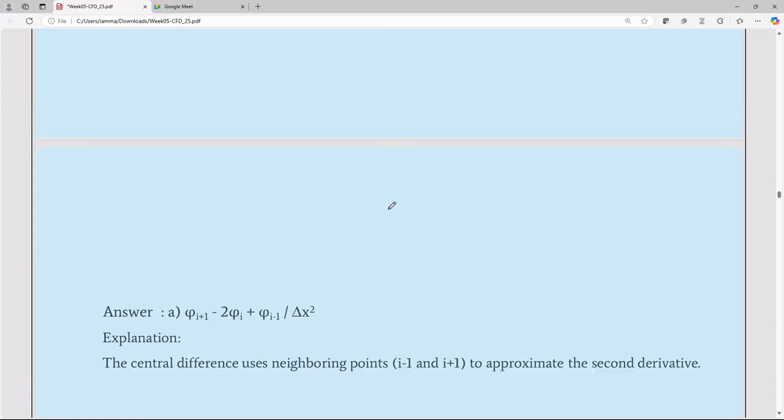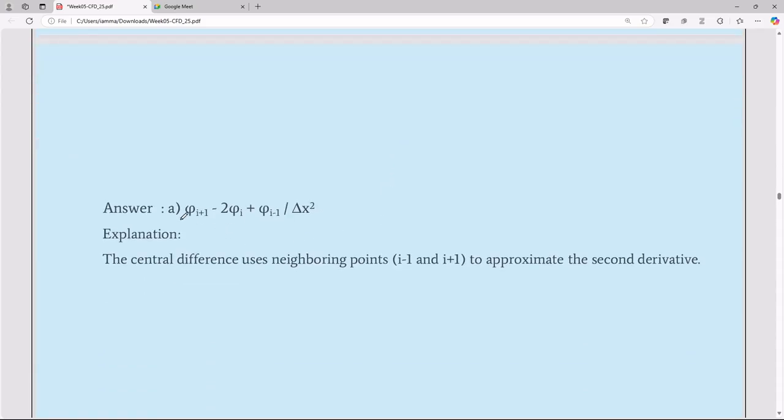Our answer is option A: phi at I plus 1 minus 2 times phi at I plus phi at I minus 1, divided by delta x square. So the central differencing scheme is a combination of forward and backward differencing schemes, as we have discussed in previous interactions.